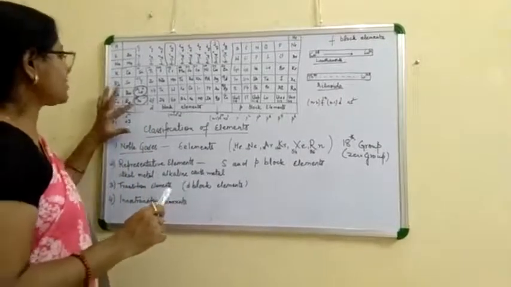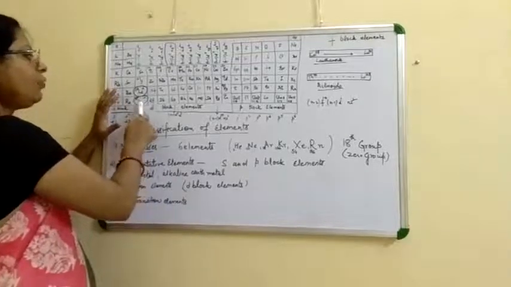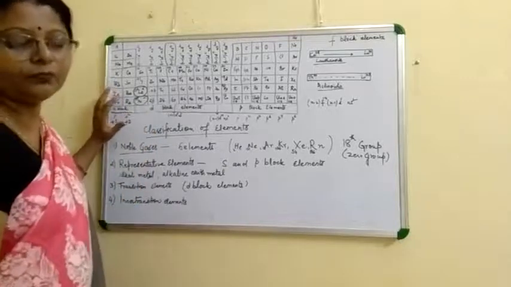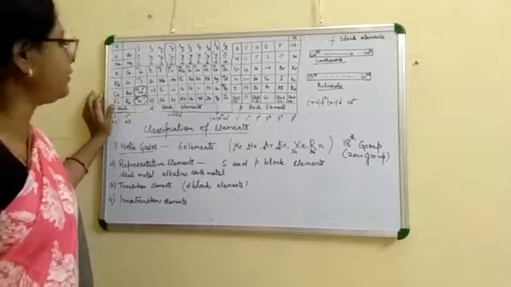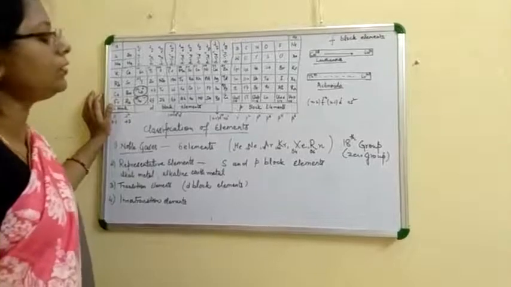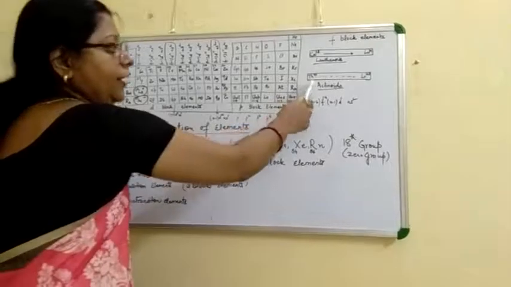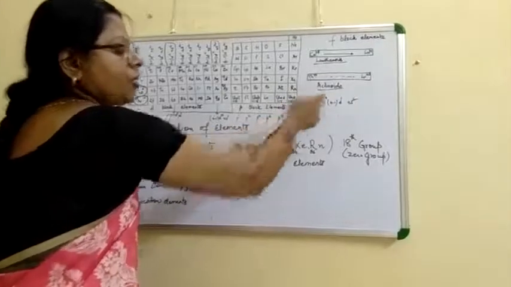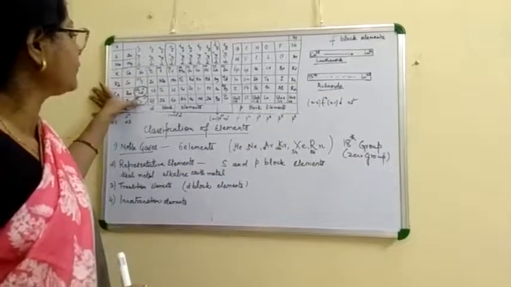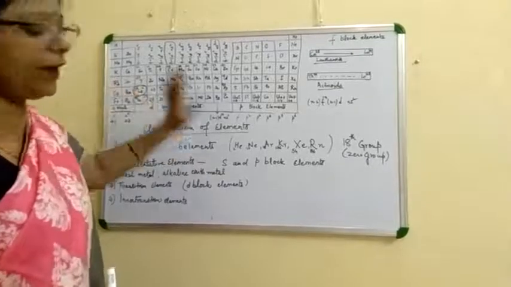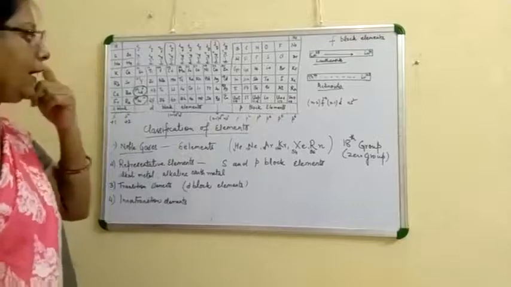In the fourth transition series, the d block starts from actinium, atomic number 89, and it contains the 14 elements of the f block or actinide series, thorium 92 to lawrencium 103, along with actinium, and after that p block elements are present in this series.